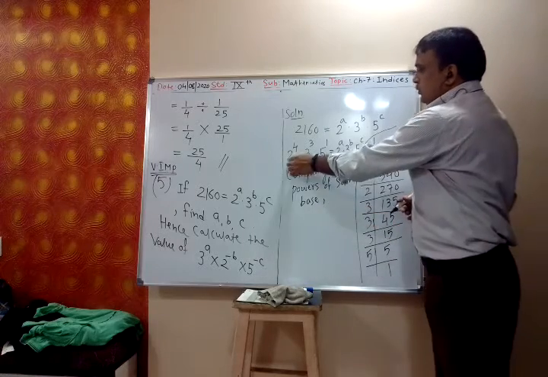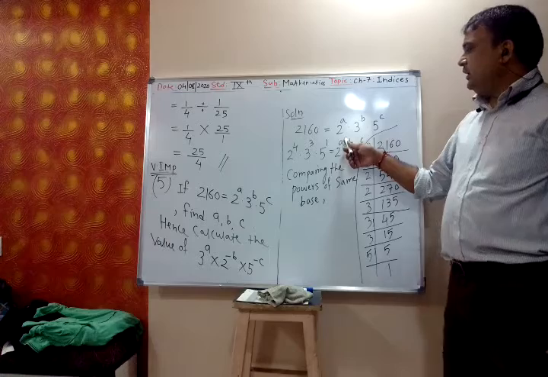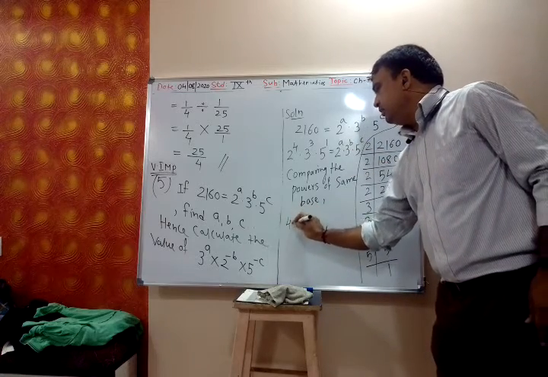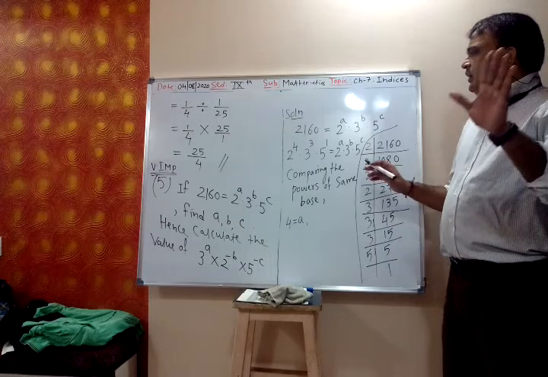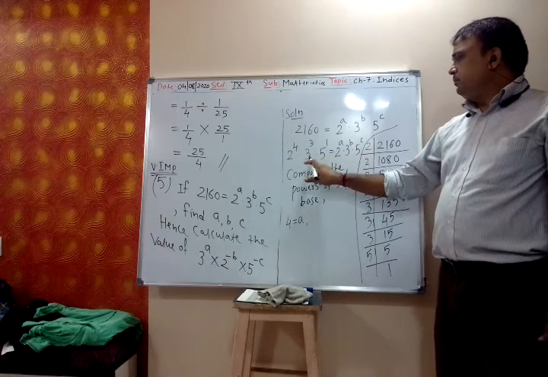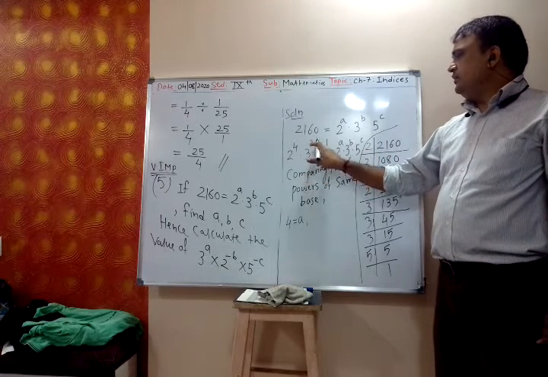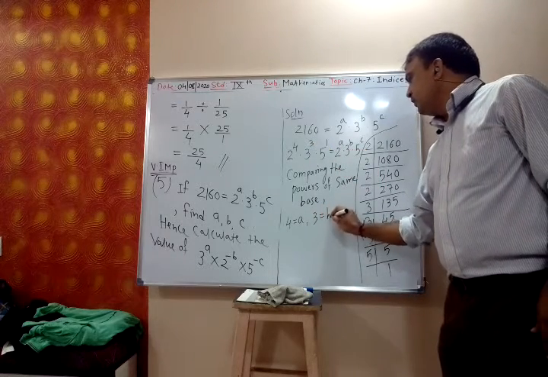Base is 2, what is the power? 4. Base is 2, what is the power? a. So you will get 4 is equal to a. Comparing the powers of same base. Base is 3, power is 3. Base is 3, power is b. So 3 is equal to b.